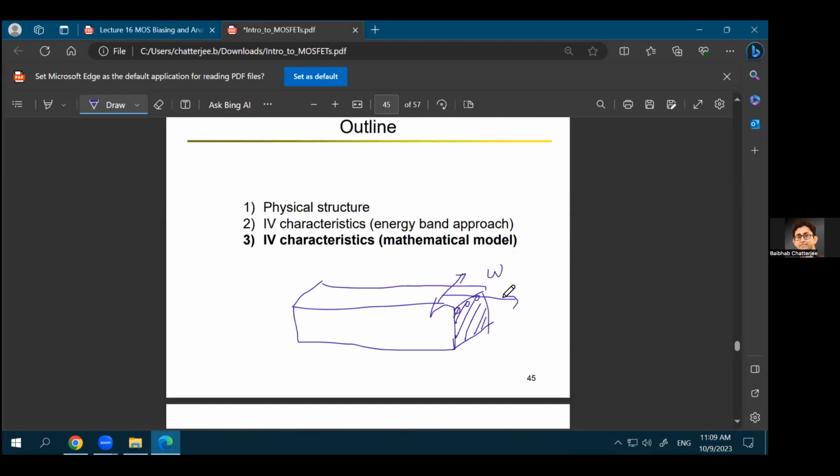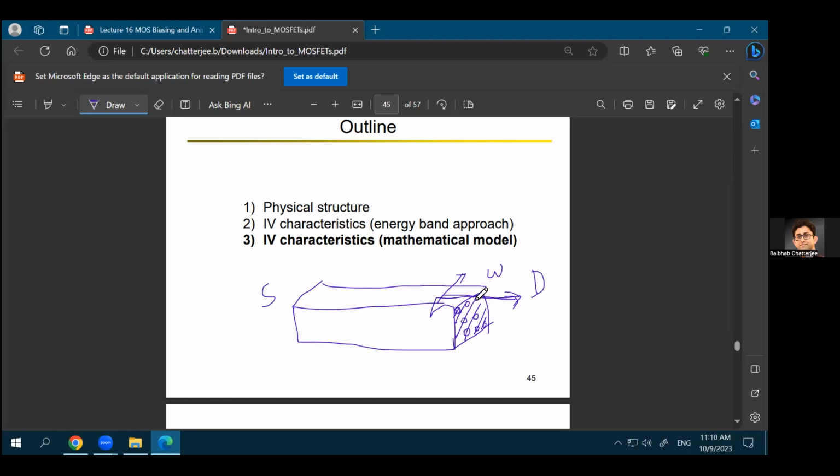So again, go back here, that you have a certain amount of electrons in this unit area, or let's say this particular cross section, you have a certain number of electrons. These electrons are moving from left to right with a certain velocity. Right? So let's say the source region is on the left side, the drain region is on the right side. So the electrons will be moving from the source to drain with a certain amount of velocity.